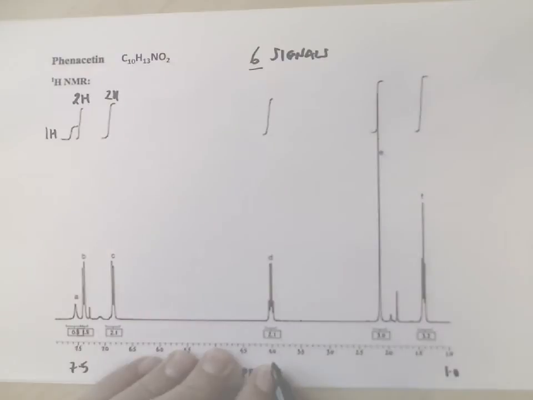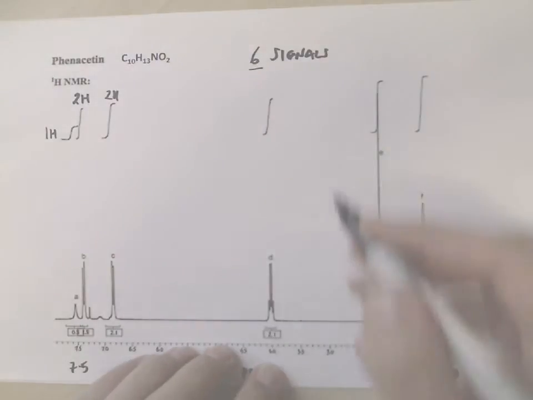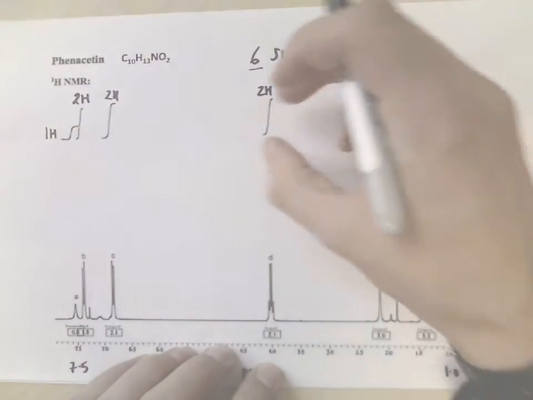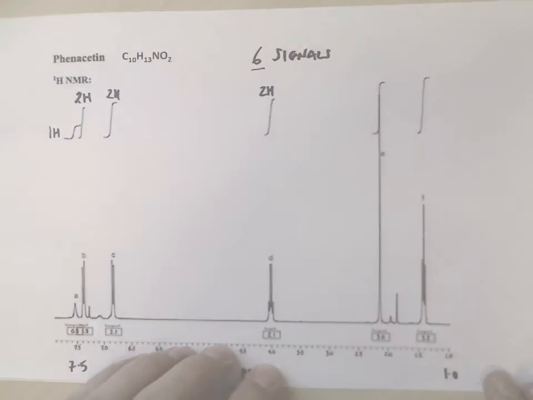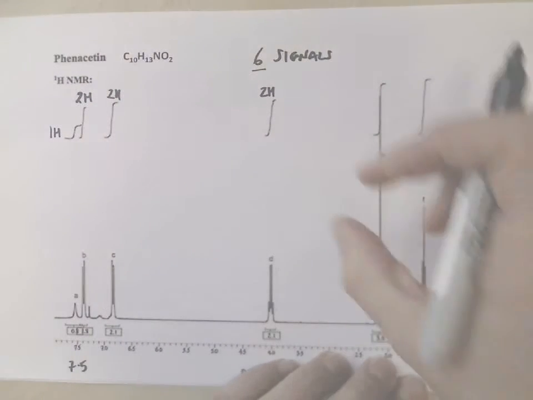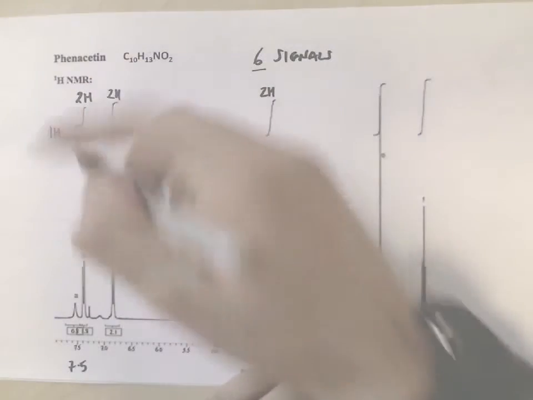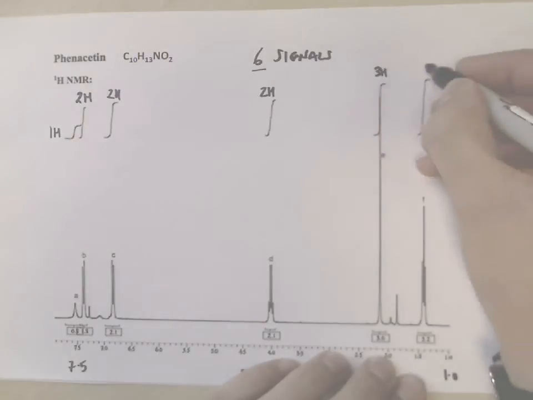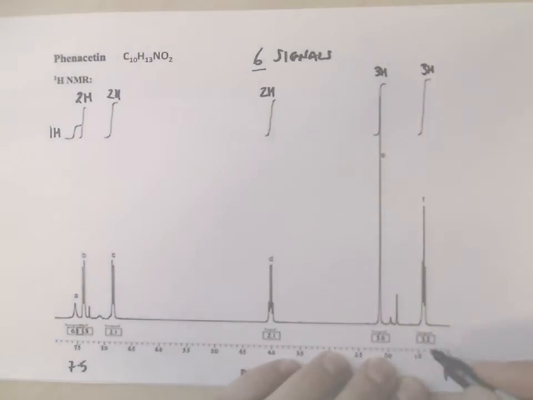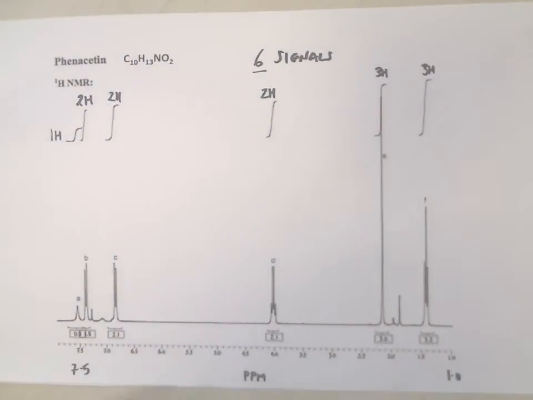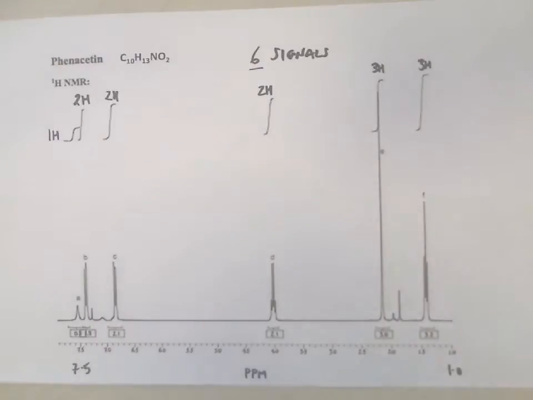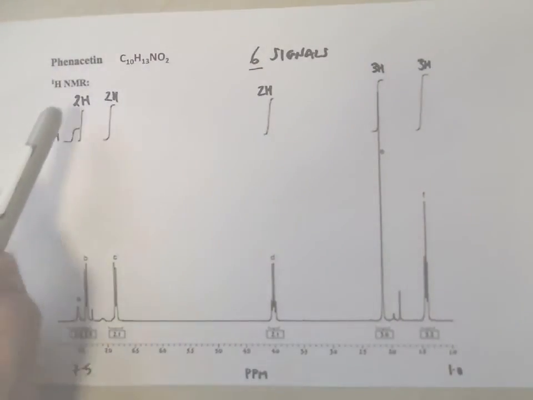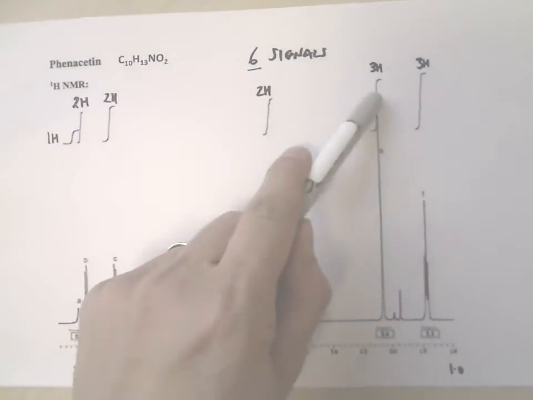The one down here in the middle has integrated to 2.1. So again, that is 2 hydrogens because the integral line is the same height. And then we move on to 2 integral lines which are slightly bigger, and they're bigger by this much. So that means this must be 3 hydrogens, and this must be 3 hydrogens. And again, the computer has integrated this to 3 and this one to 3.2. So we have 6 different proton environments that integrate to 1, 2, 2, 2, 3 and 3.